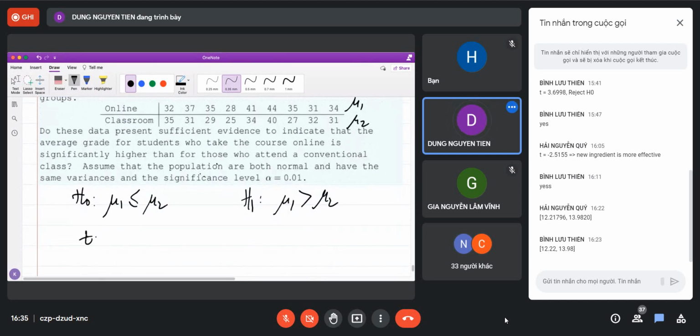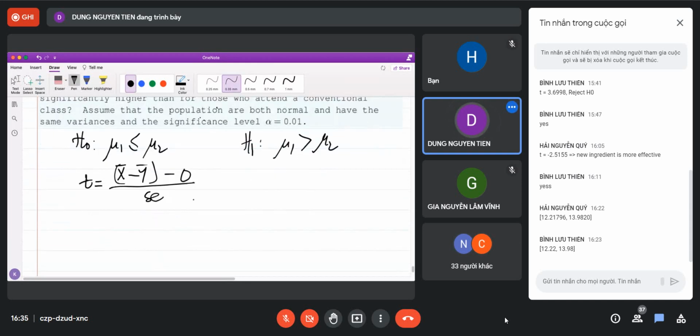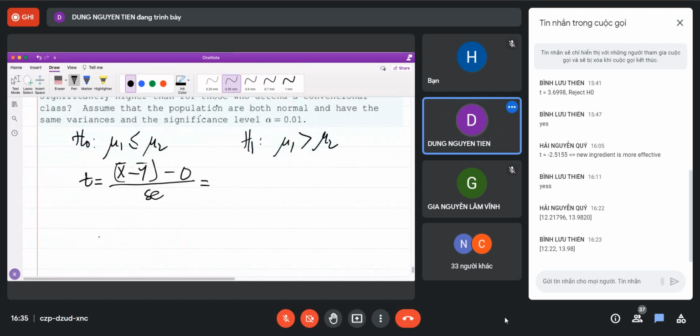Okay, and then you get the t value. T value is x bar minus y bar minus the right hand side 0 divided by the standard error, right? And in order to get the standard error, you need to know the s square, right?